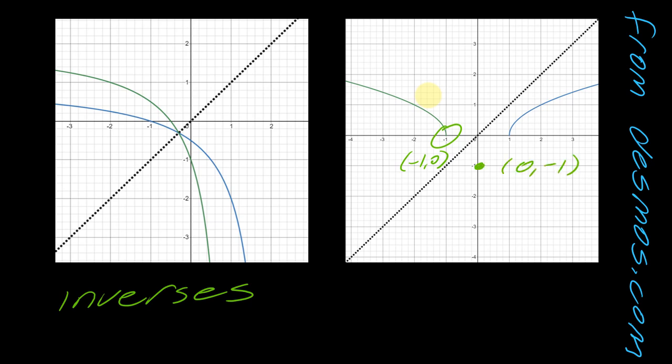I should have a point here. I can tell just by looking at this that these are not inverses, because I already found one point where I've got the xy coordinate and I don't see the yx coordinate flipped. So these are not inverses. And visually you can maybe project that in your mind.